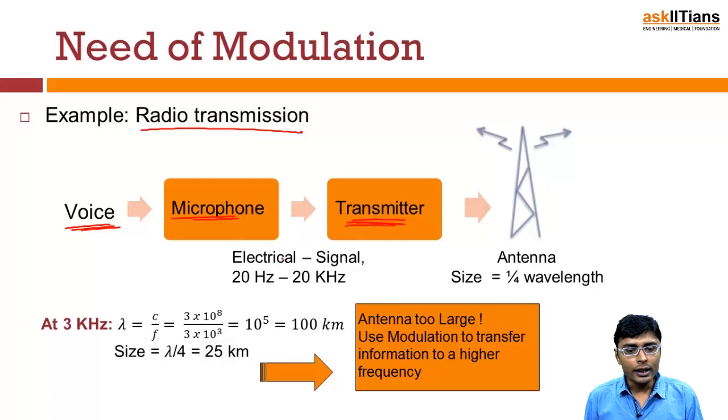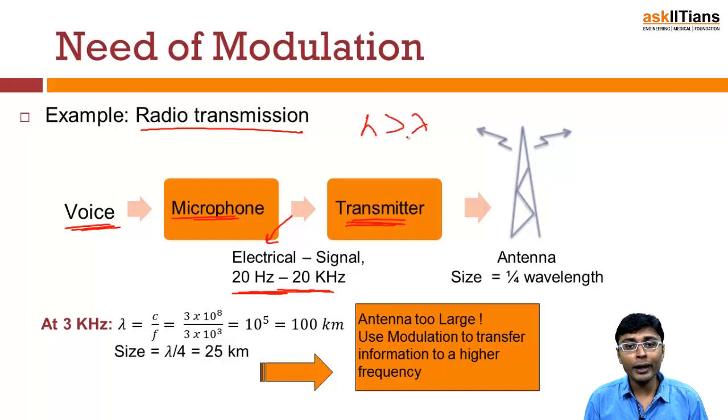Now we know that the audio signal basically lies in the range of 20 Hz to 20 kilohertz. And we have seen that the antenna height should be greater than or equal to lambda by 4, that is, one-fourth of the wavelength.